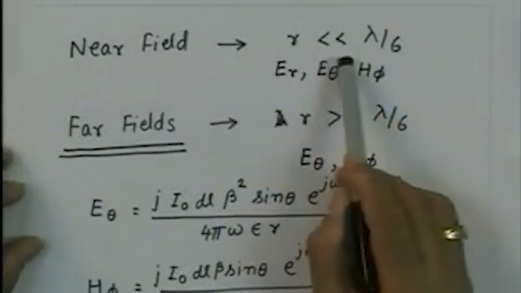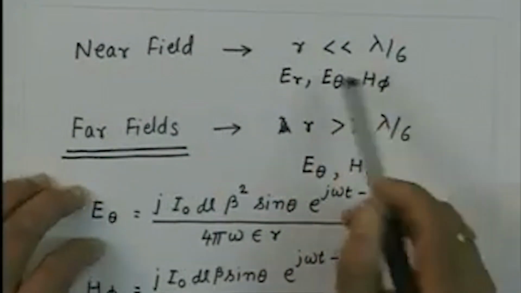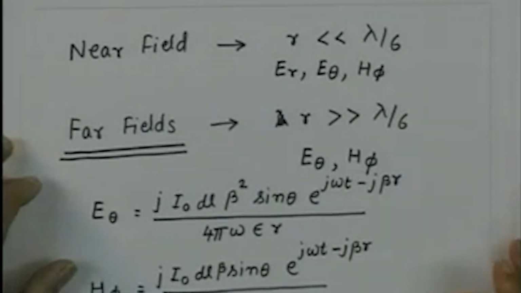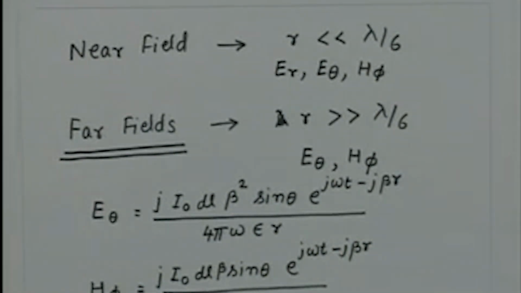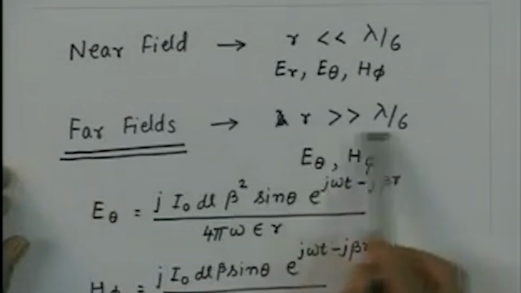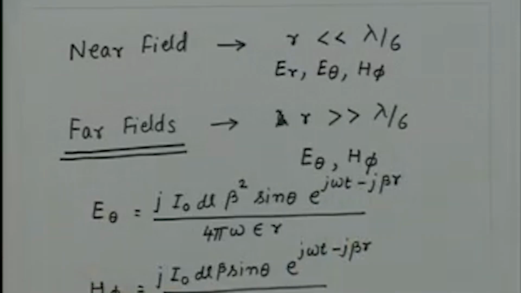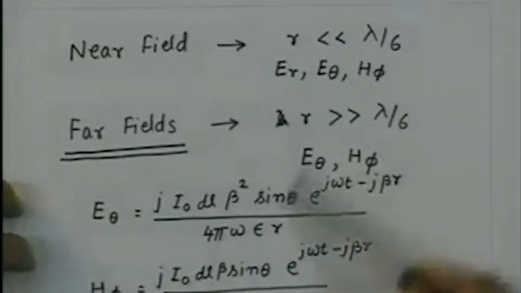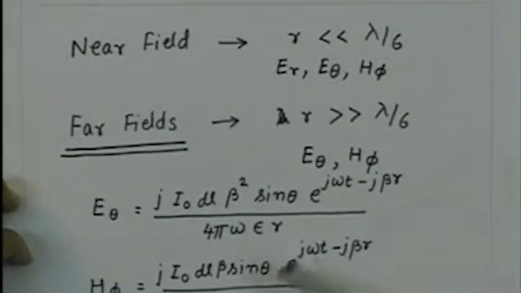If the distance is much less than lambda by 6, then the electrostatic and induction fields dominate, and we call those fields the near fields, whereas if we go to a distance which is much larger compared to lambda by 6, then the dominance is by the radiation field. And then we saw that the radiation field has only two components, which is theta for the electric field and phi for the magnetic field.